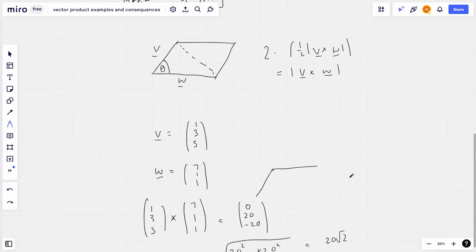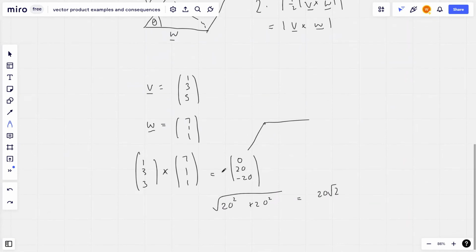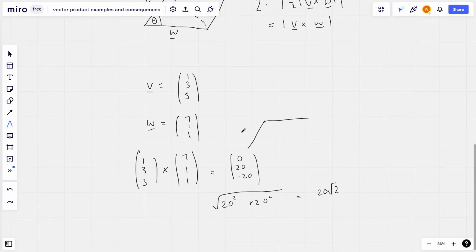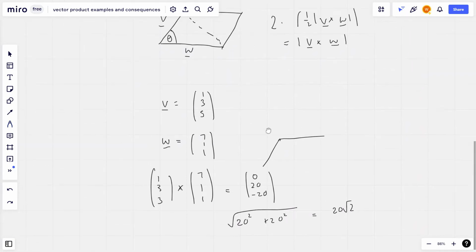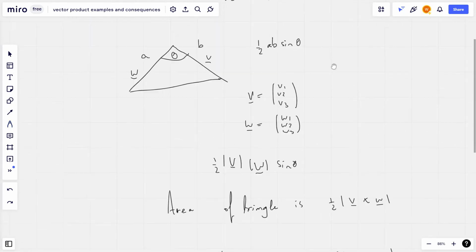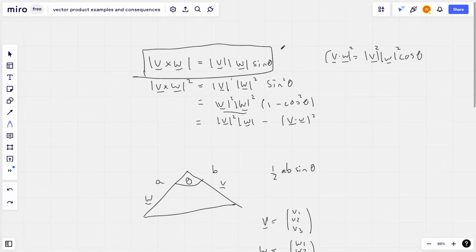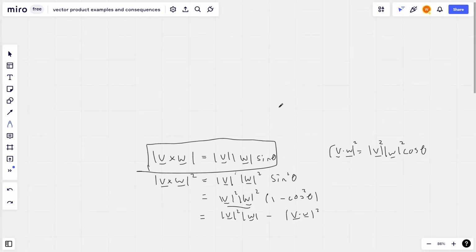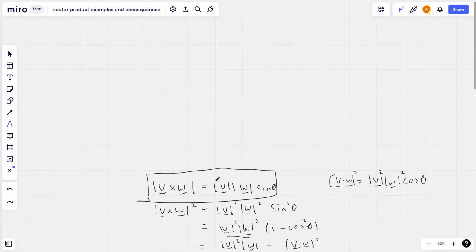Okay, and one final thing I'd like to mention. I talked about collinearity. I said that as long as they're not in a straight line, this is fine. I will quickly go back to this here. So if theta is 0, then this cross product is also 0.